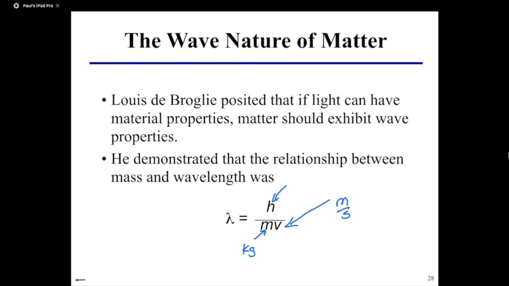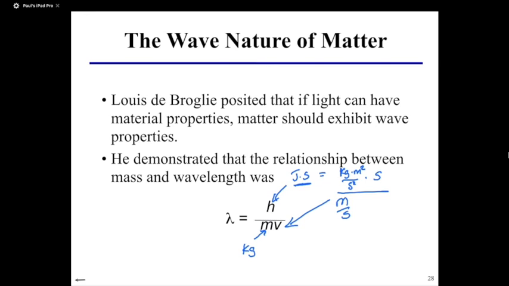And h actually has units of a joule times a second. But a joule is a derived unit. A joule is really a kilogram times a meter squared divided by a second squared, times a second. That's what this right here means.